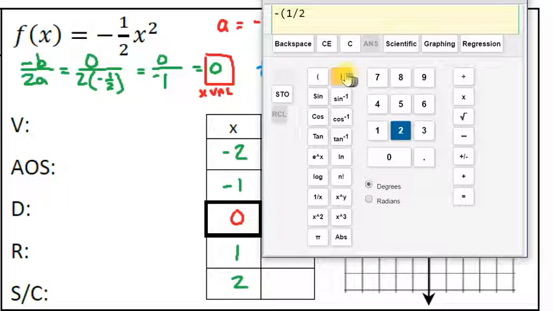So when I put in 1 divided by 2, it knows that's 1/2. So negative of 1/2, and now we're going to plug in the x value of negative 1, not minus 1, it's a negative 1. Then I'm going to square it. Notice I followed my rules of using parentheses when I plug in a variable, and that value is negative 0.5.